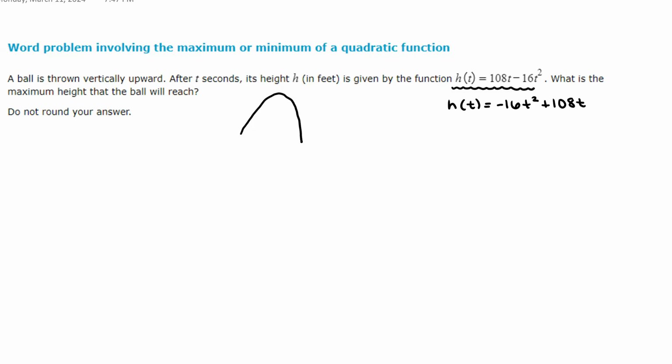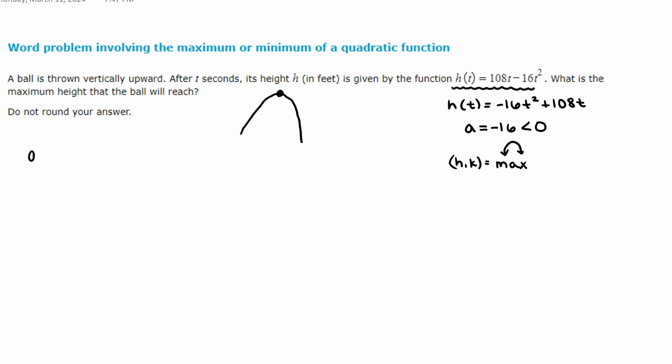So now we can tell that our a is negative 16, which is less than 0, which tells me that my parabola will open down, which is exactly the picture I had for throwing a ball. So now the (h, k) will be a maximum point, right?